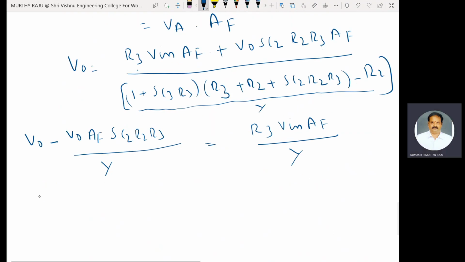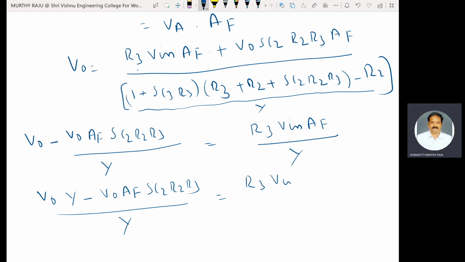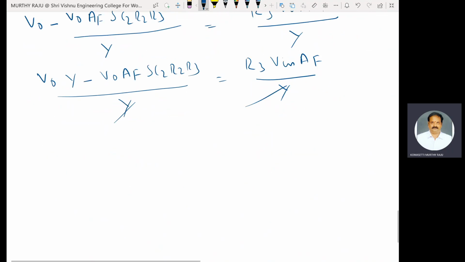Therefore, V0 y minus V0 AF SC2 R2 R3 by y is equal to R3 V in AF by y. Y cancels. Therefore, V0 is the common term.